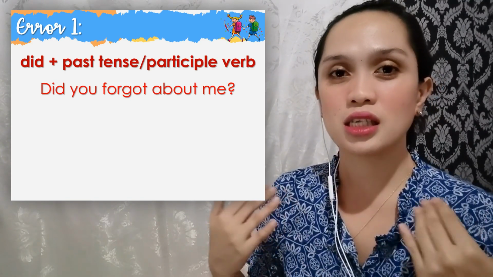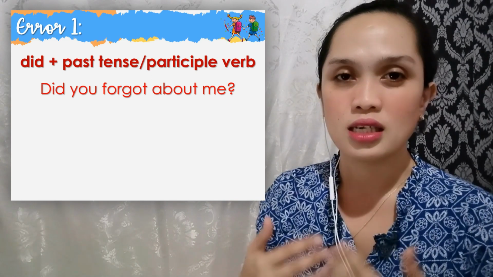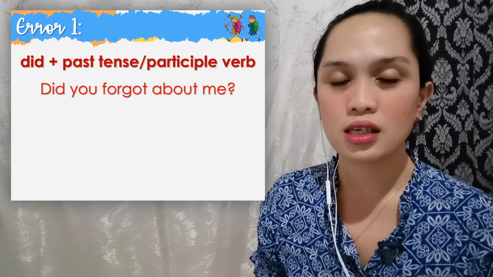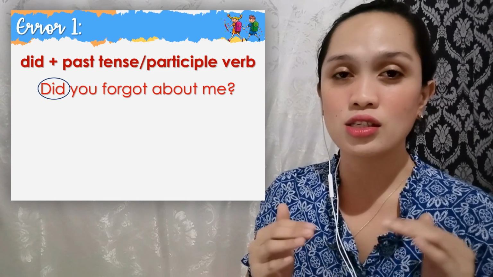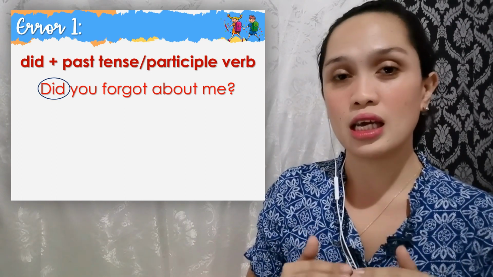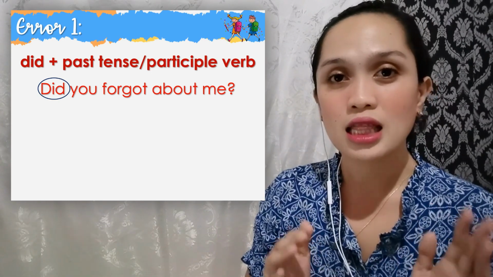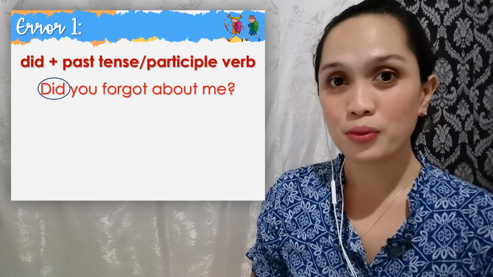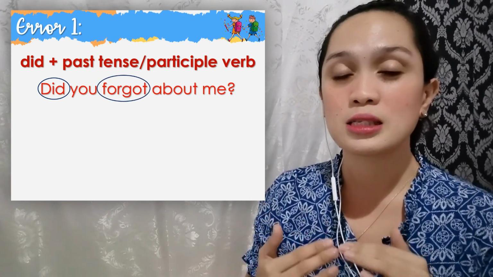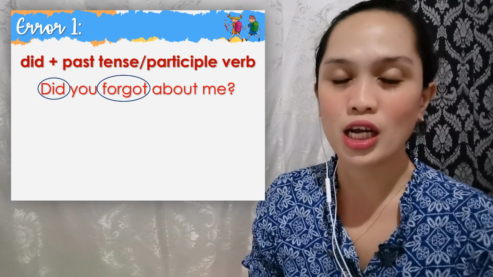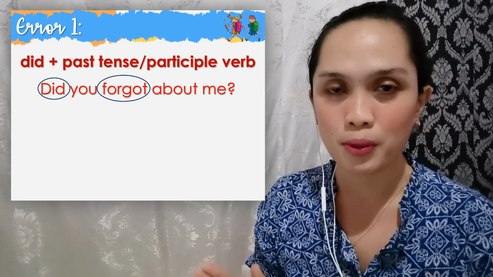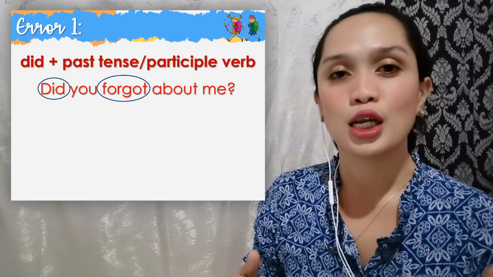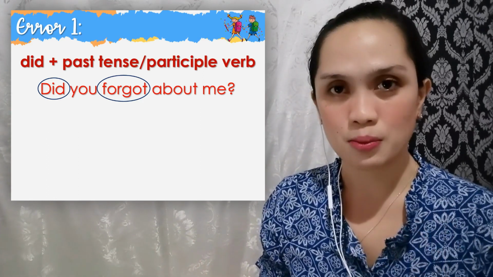What is erroneous in this sentence or statement? Did as an auxiliary verb is already in its past tense. Therefore, the main verb should be in its base form or in its original form, not in the past tense, not in the past participle.